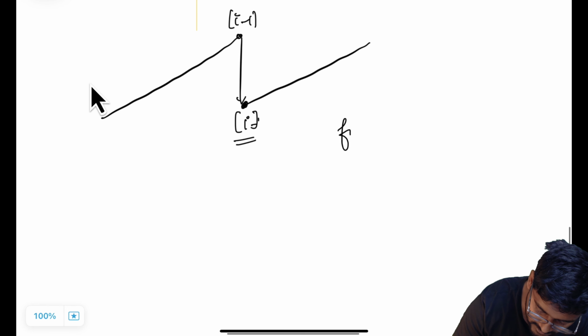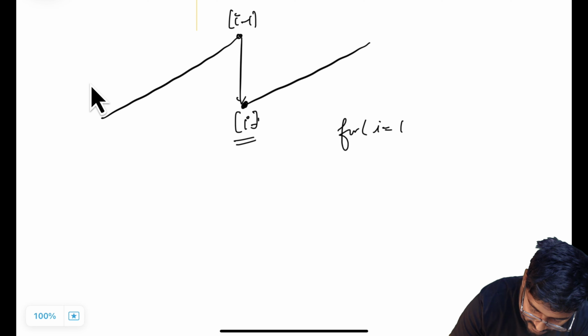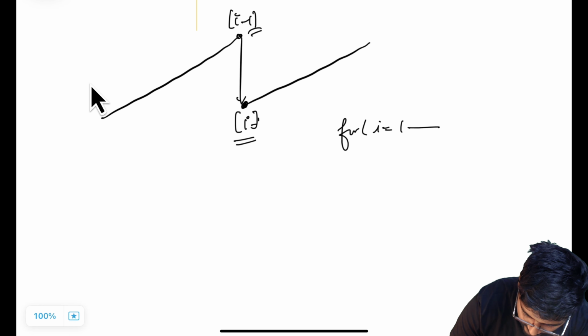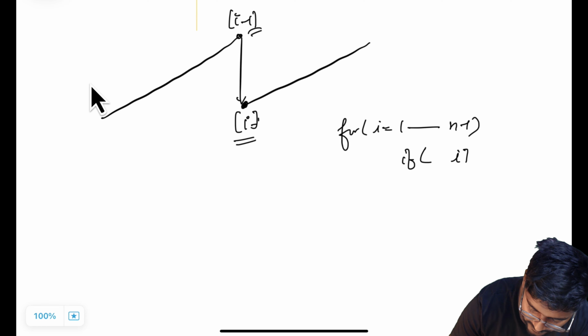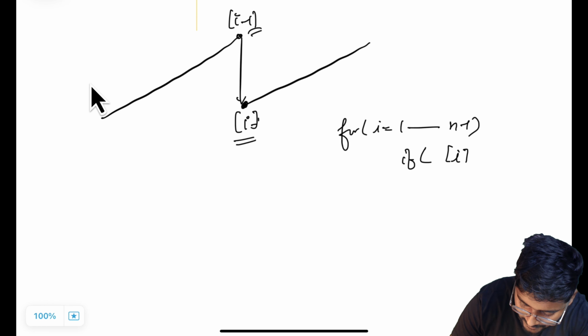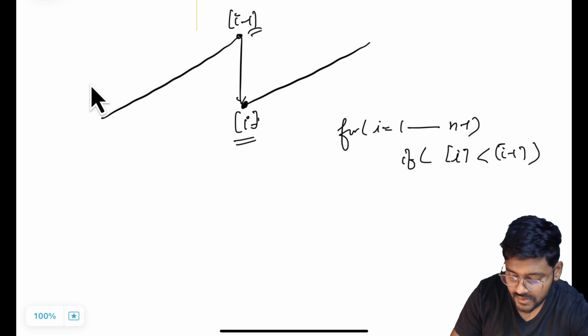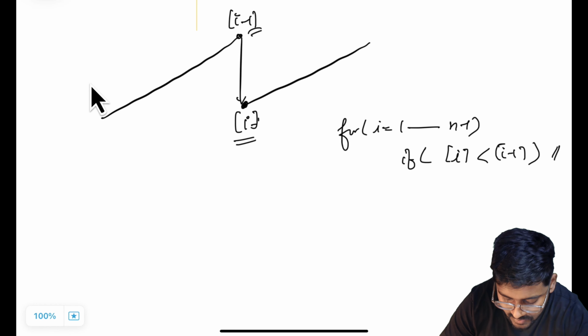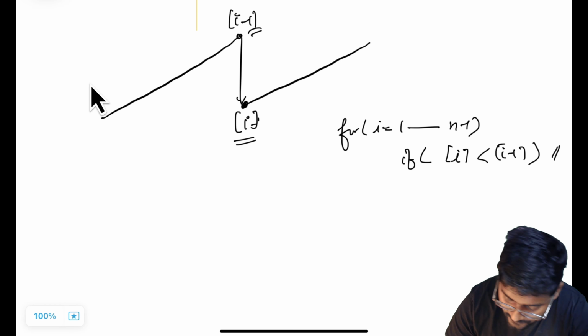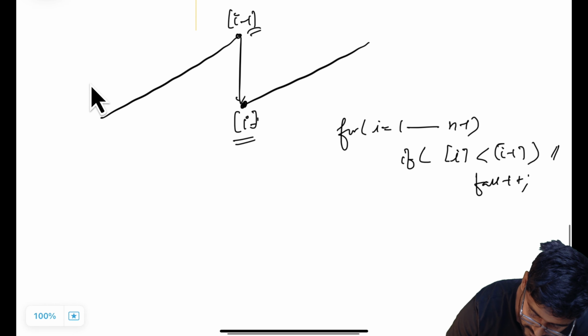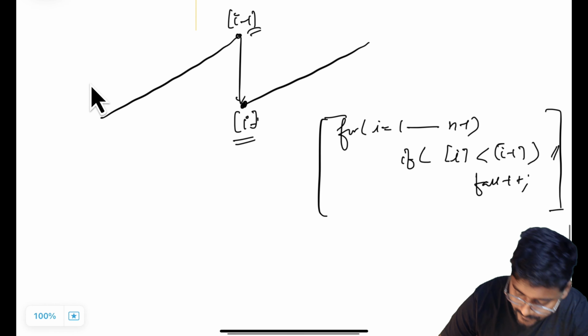If I do something like this, for I equal to 1, I'm starting from 1 because I need to take care of I minus 1 as well, from 1 to n minus 1. If at any moment the element at I is less than the element at I minus 1, it means that this is a fall. This is a downfall. And we are allowed to have only one downfall. Fall plus plus. This is something you need to capture.